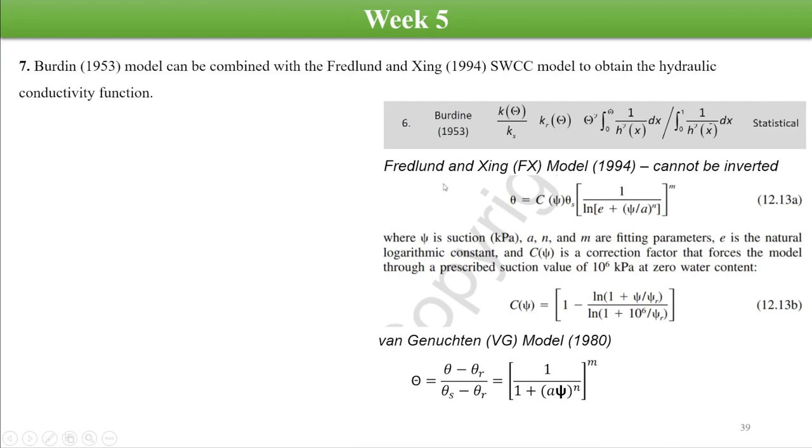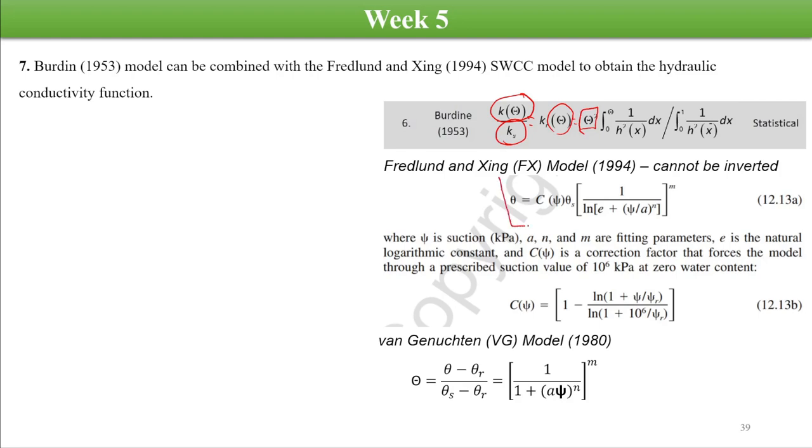So if you see the Burdine model, it says that K(theta) upon Ks is equal to Kr, and that relative K(theta) is equal to capital Theta squared. In this term we need to put the value of capital Theta, that is the normalized value of volumetric water content.